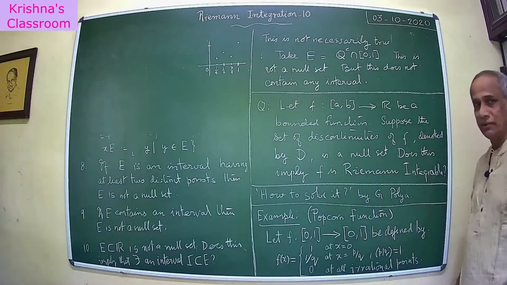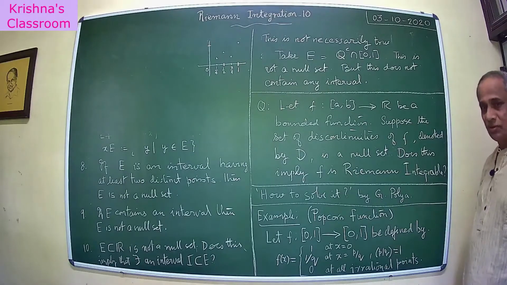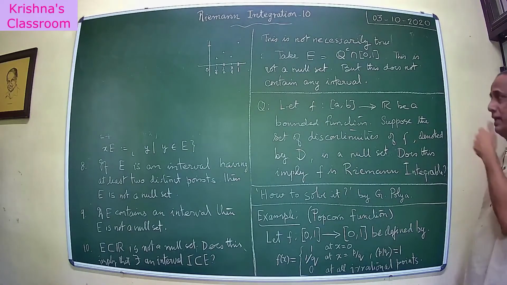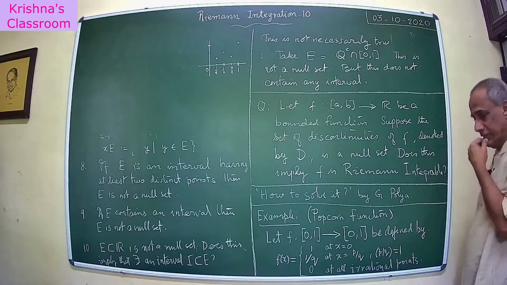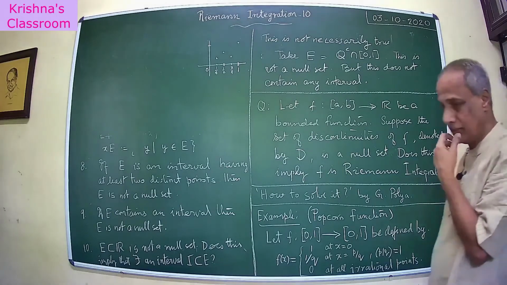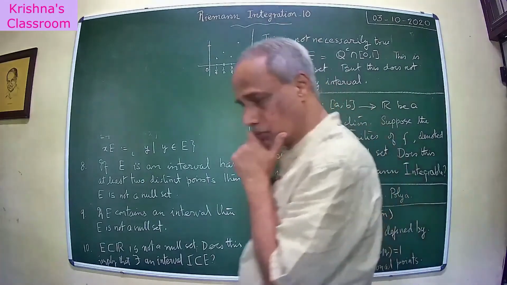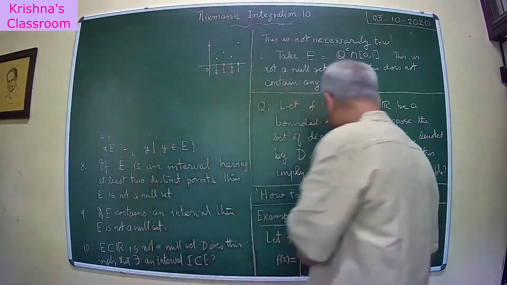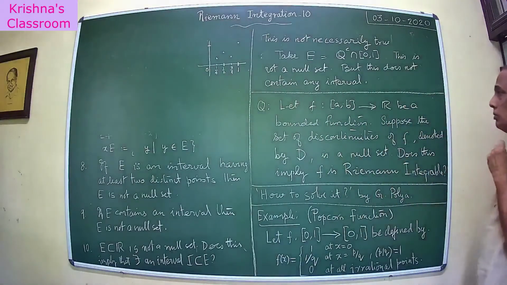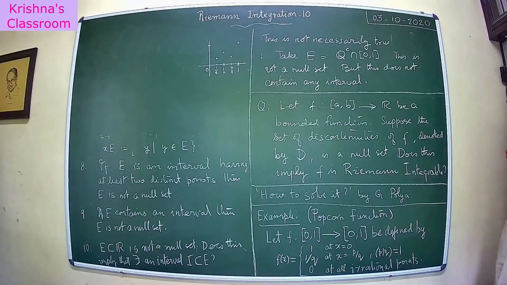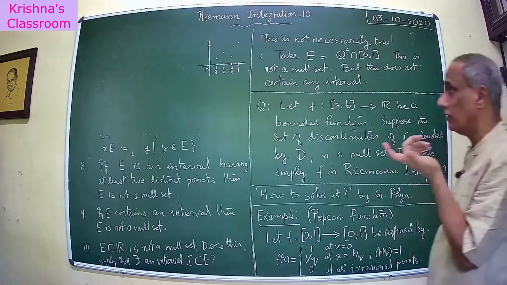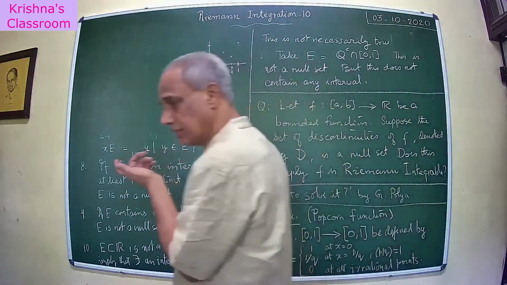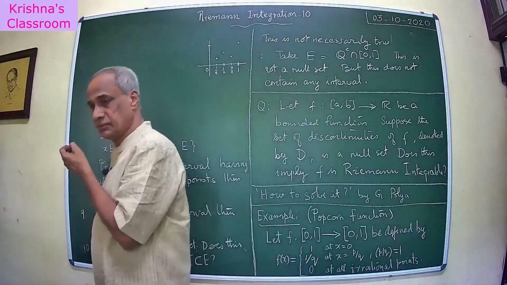If you take the point m by n where the greatest common divisor of m and n is equal to 1, then the function is defined as 1 by n.